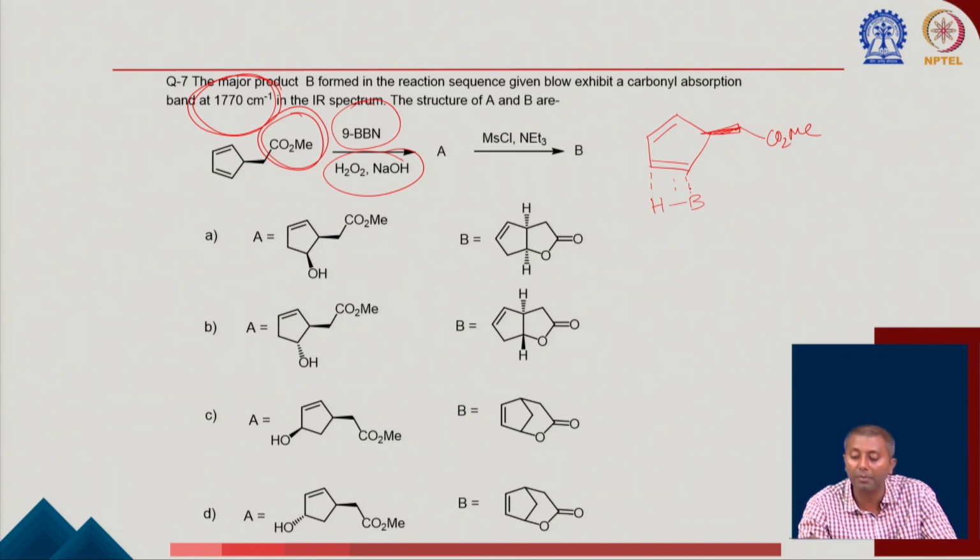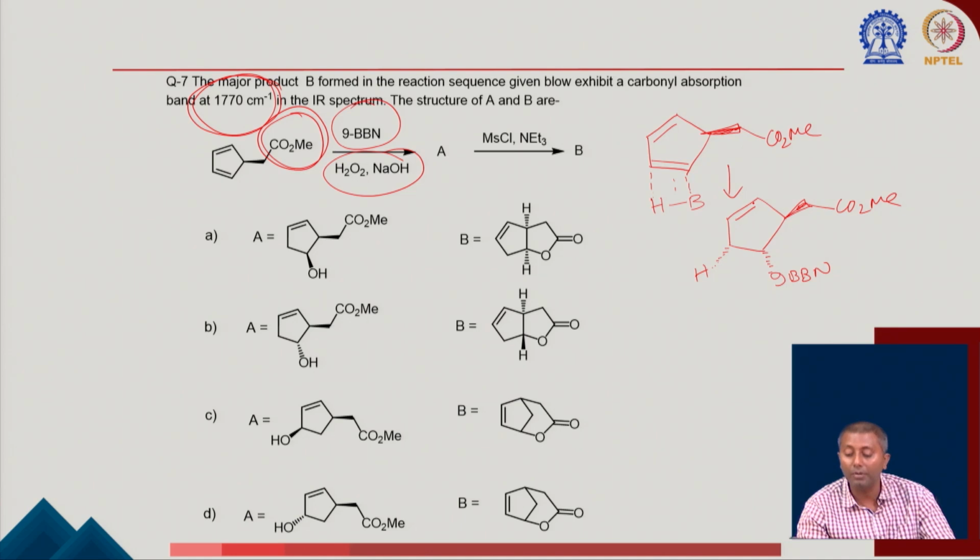Okay, once it is approaching from the bottom face, what is going to happen if you have used 9-BBN? That will end up generating this compound, where the 9-BBN boron will be here, and you have an H here, having a double bond there, correct? So now you can think about what is going to happen after that.